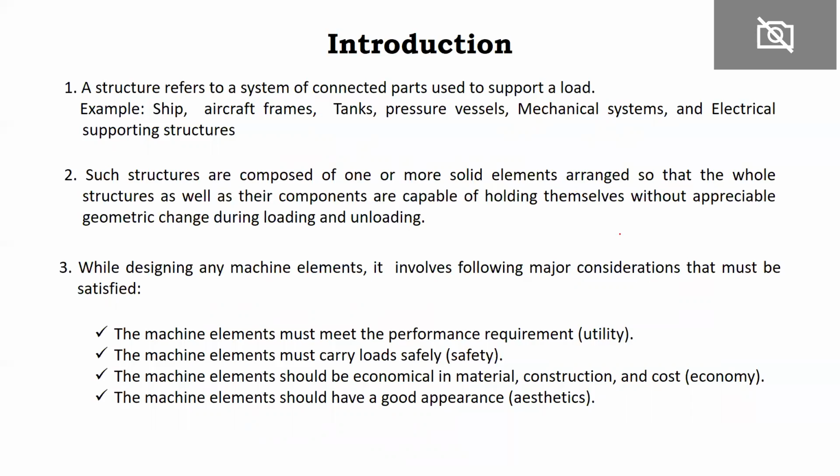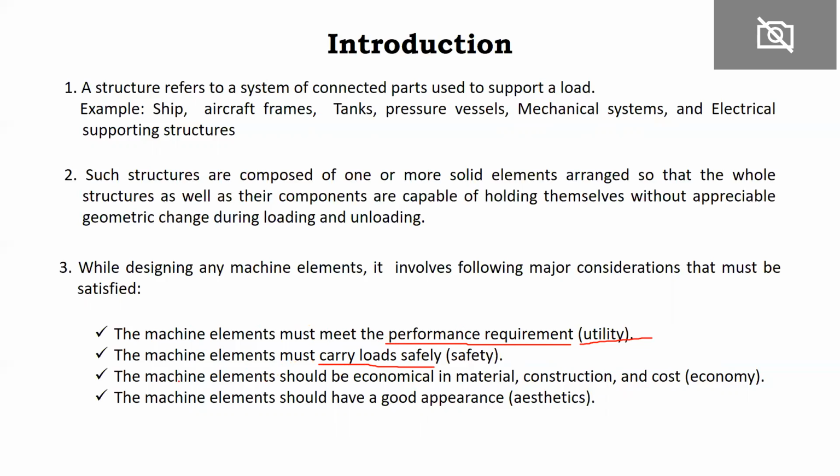Whenever you are designing any machine element, keep in mind, the machine element must meet the performance requirement. What it is designed for, it should meet that requirement. Second, the machine element must carry load safely, so it will not fail. For whichever load it is designed, it has to carry those loads safely.